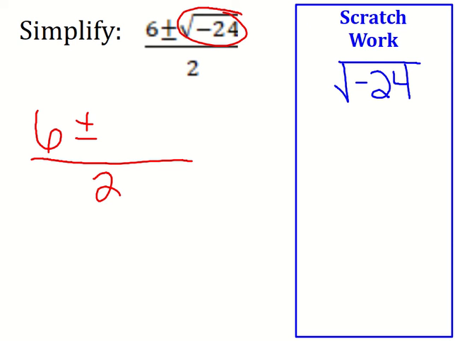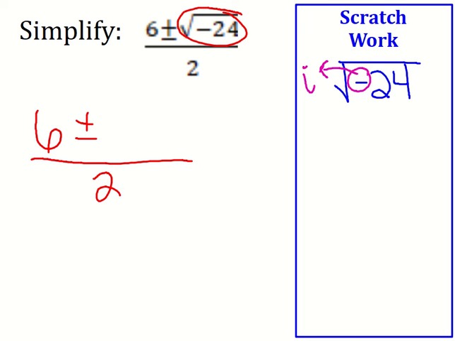Well, as a reminder, I cannot have a negative underneath my radical. There is no number times itself that's going to get me a negative underneath the radical. So every time I see that negative, I'm going to pull it out and it's going to represent an imaginary number, i.